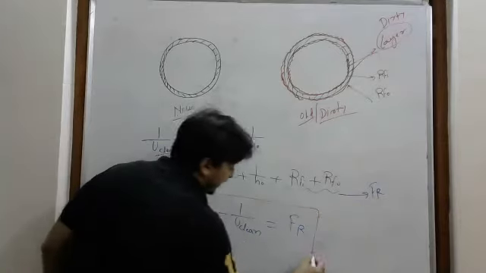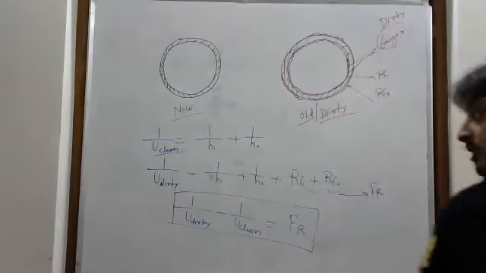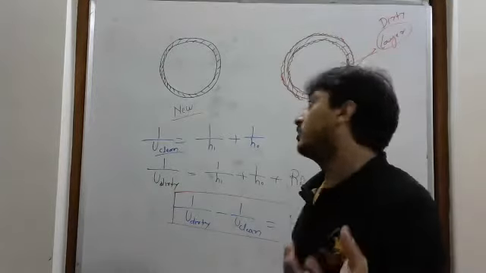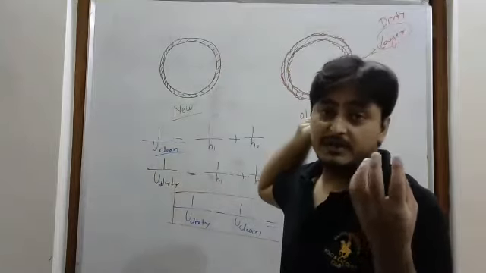So I have told one physical thing, and mathematically you can find it like that. Getting any problem? Initially you find the value without taking care of the contamination layer.